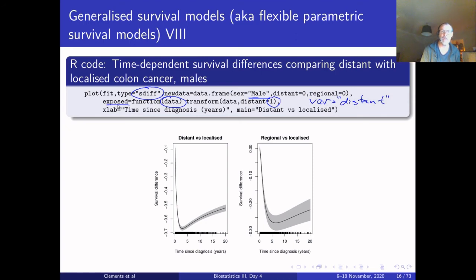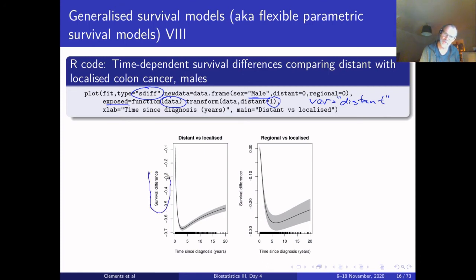That will actually do the same thing. The nice thing about using the exposed is that you can do virtually any contrasts. You could add, you could increment different values, or you could change multiple values at the same time.